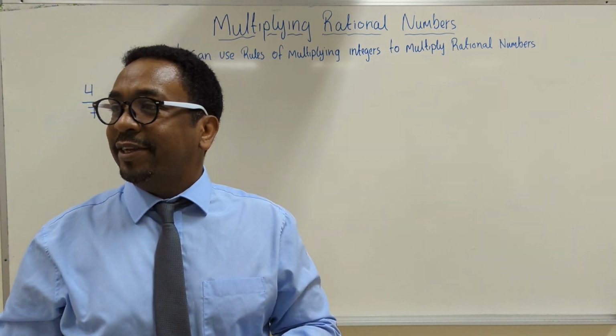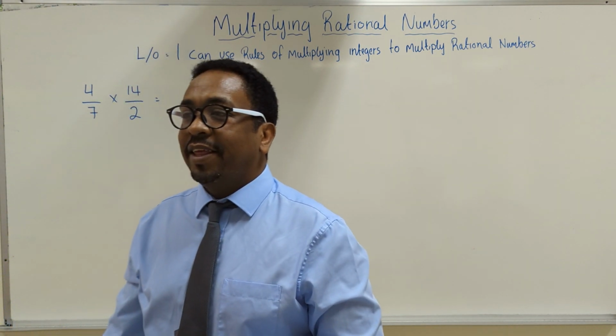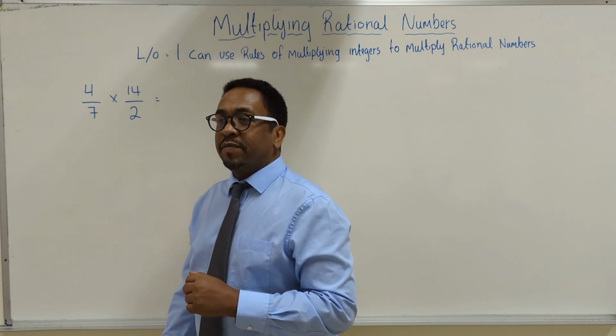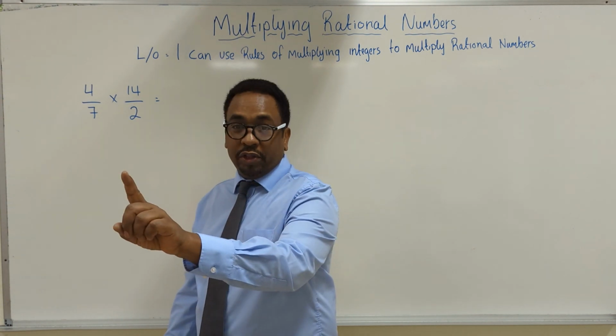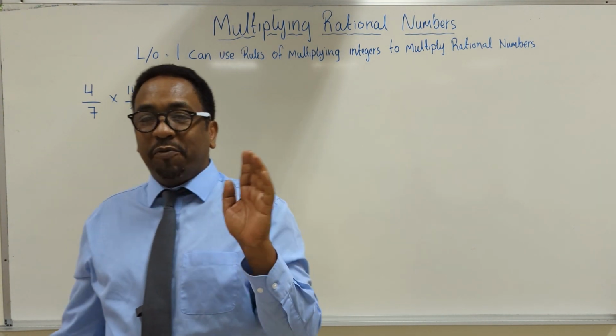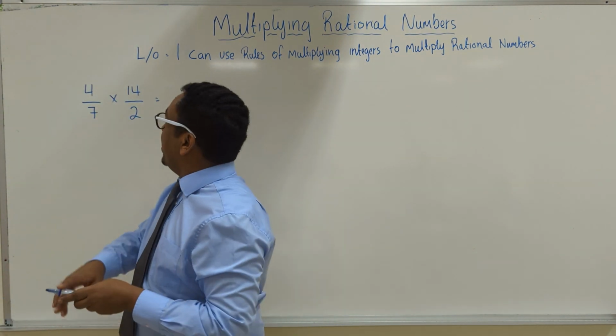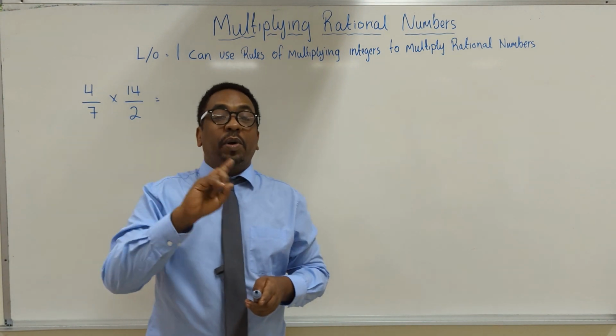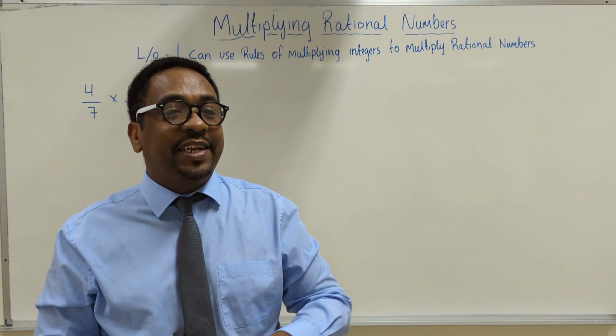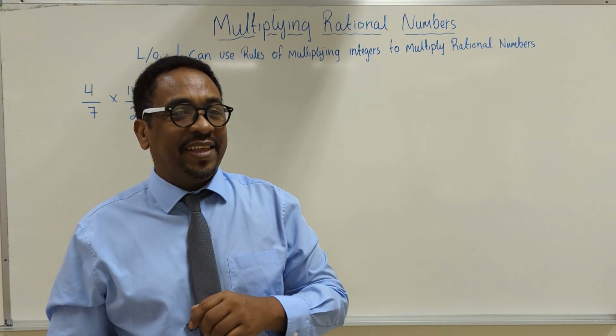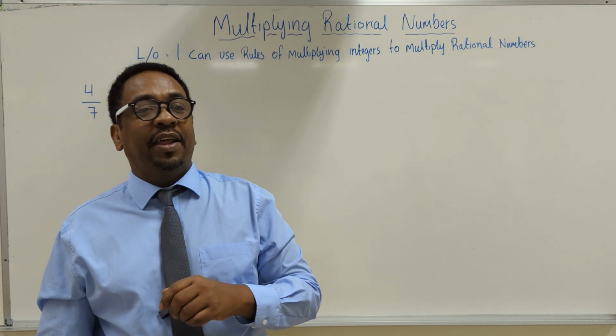We need to make the denominators the same number. That's when we are adding. If we are adding fractions, then we need the same denominator. But when we are multiplying, we don't really need that. You times 2 by 7, you times 7 by 2.